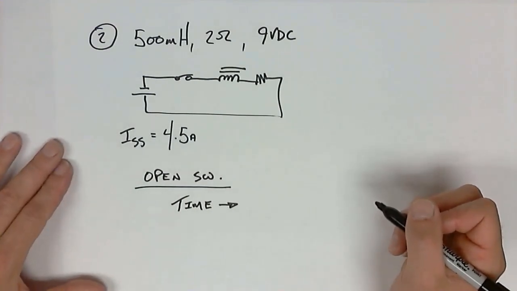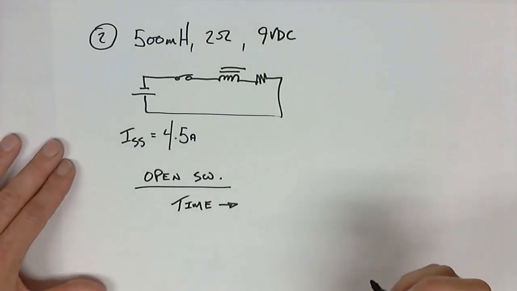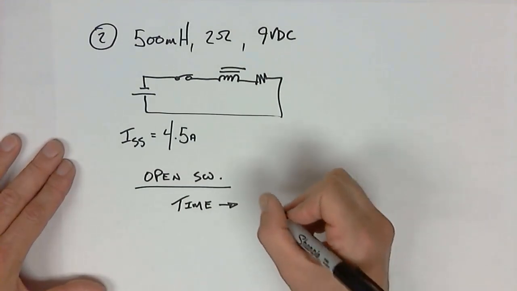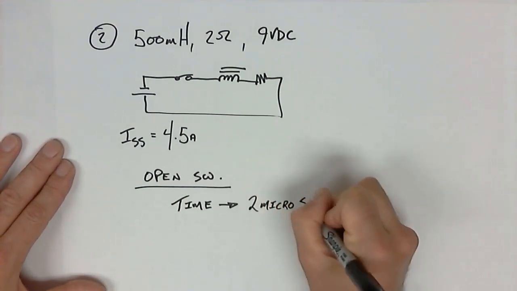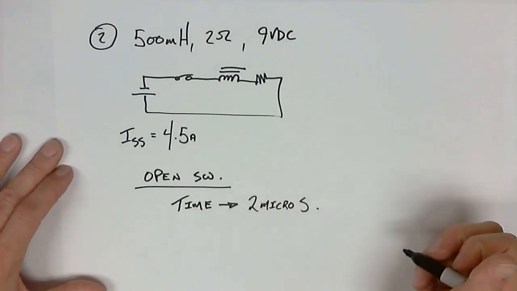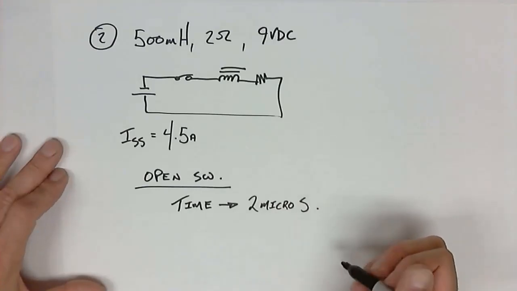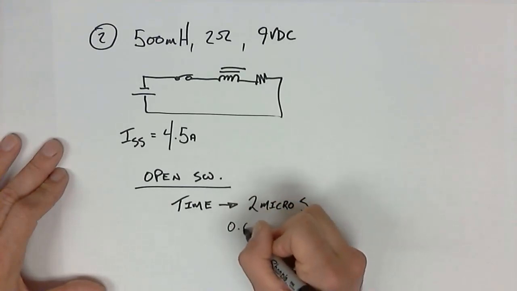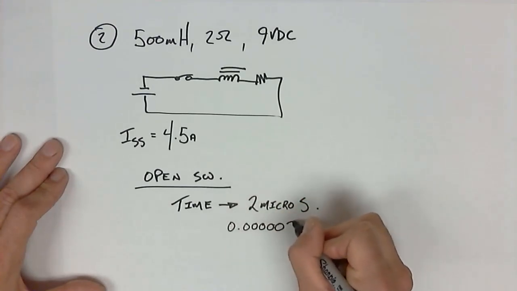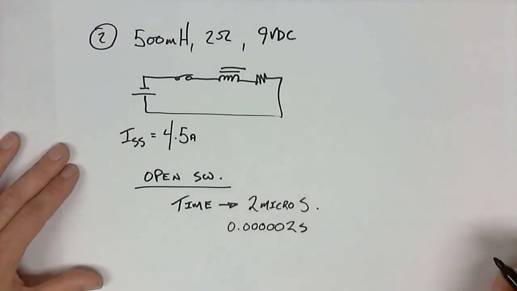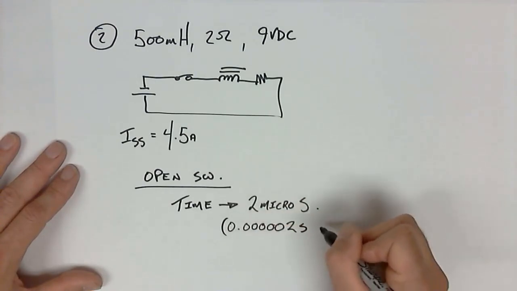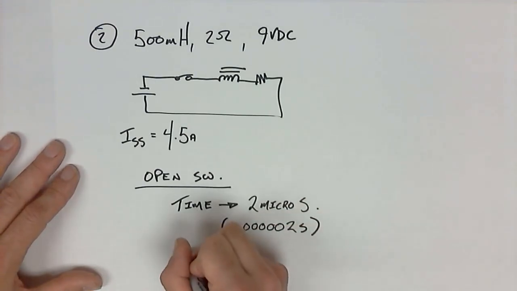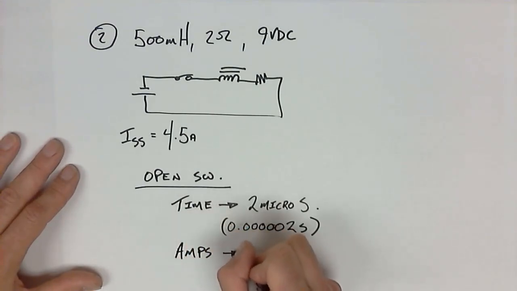The amount of time I am going to have in order to open this switch is 2 microseconds. 2 microseconds is 6 decimal places, so that's 0.000002 seconds.